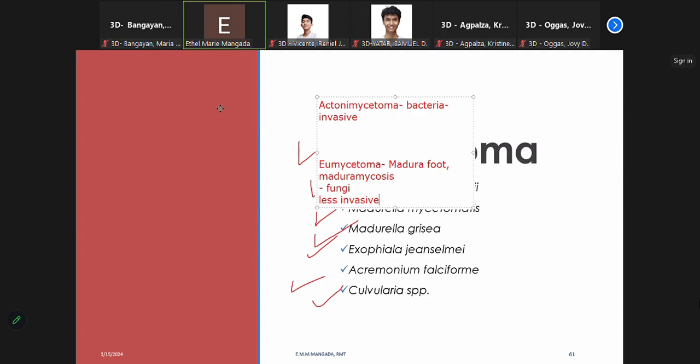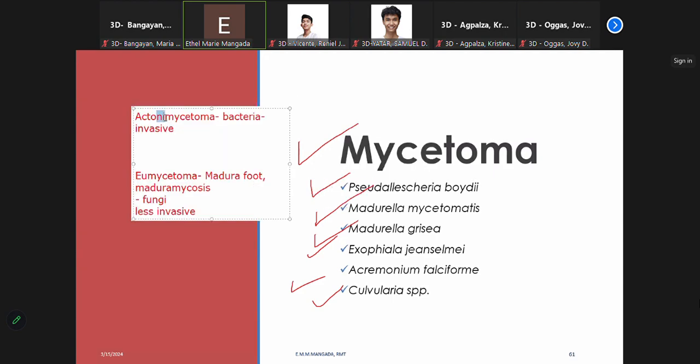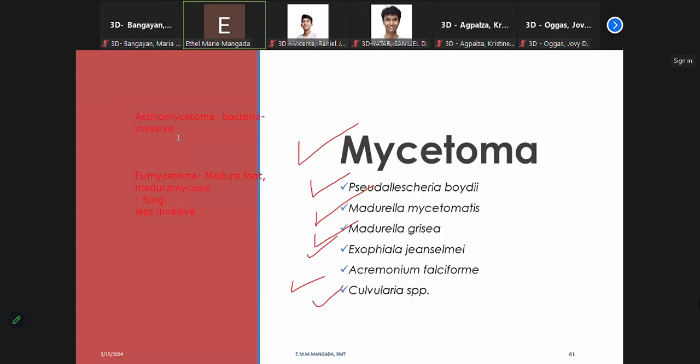So again, actinomycetoma is caused by your bacteria. It's more invasive compared to your mycetoma or eumycetoma, also known as your Madura mycosis, your Madura foot, that's caused by your fungi, especially those that are listed here.